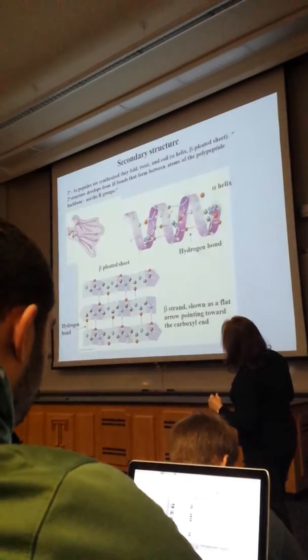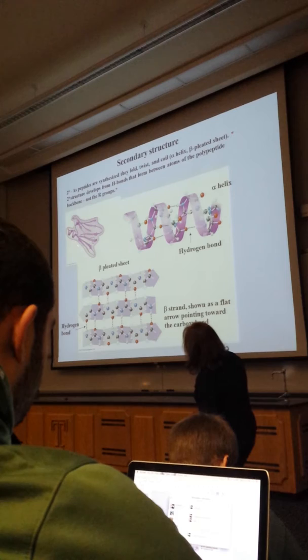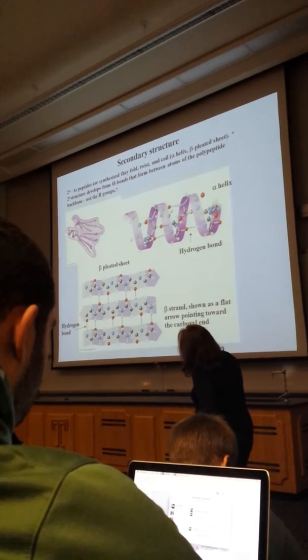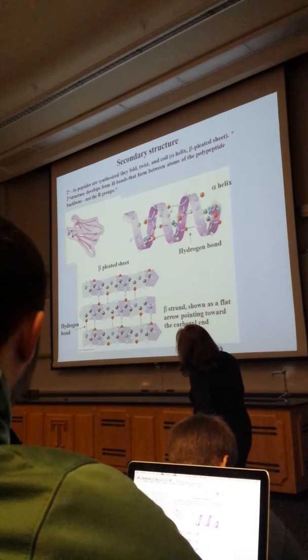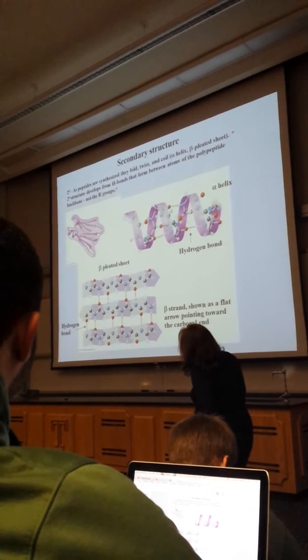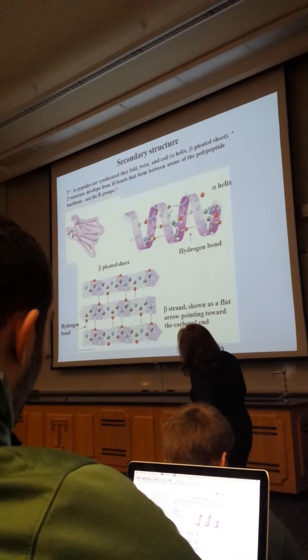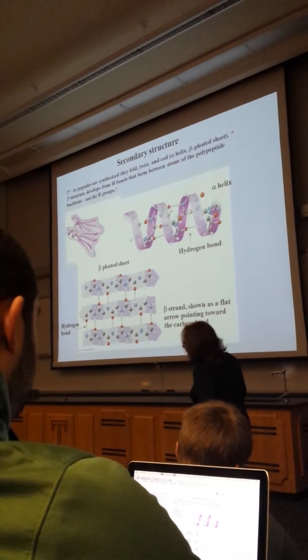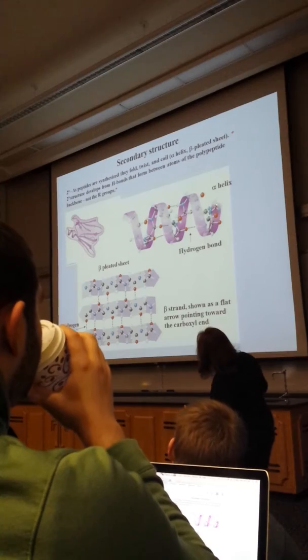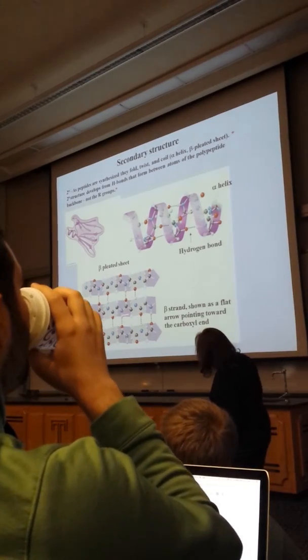Let's take a look again at this example. Here you're looking at an alpha helix. Here you're looking at a beta pleated sheet. And here you're looking at the coil region or linker region. This is a segment of a polypeptide chain that doesn't form either alpha helix or beta pleated sheet.